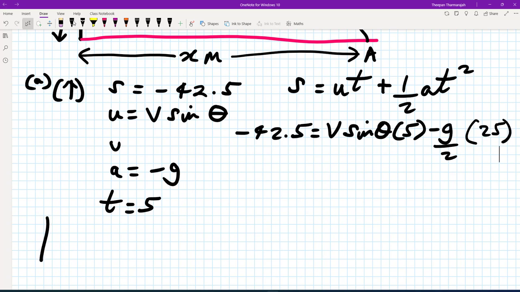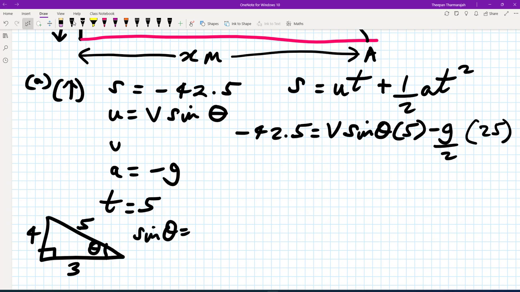Now, don't forget, they've given us that tan theta is 4/3. So that means it's opposite over adjacent, and the hypotenuse must be 5. So we can say from here, sine theta is going to be 4 over 5, and cos theta is going to be 3 over 5.